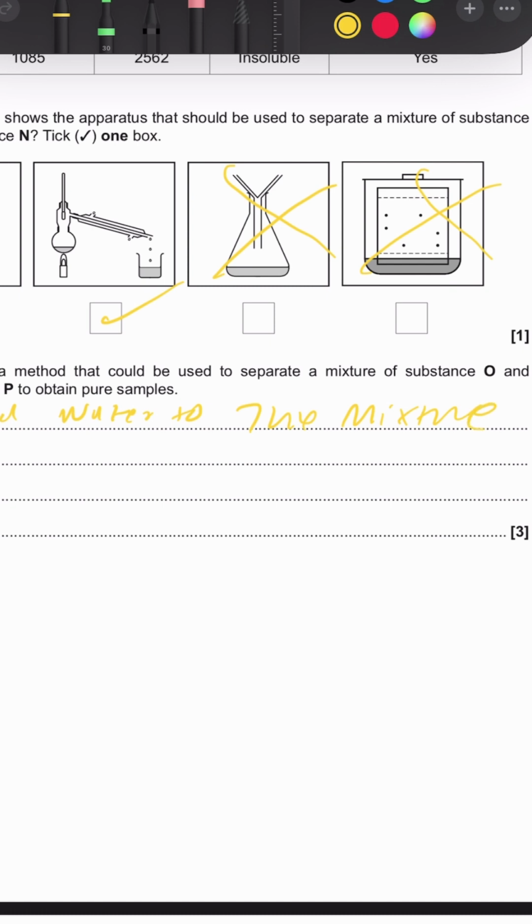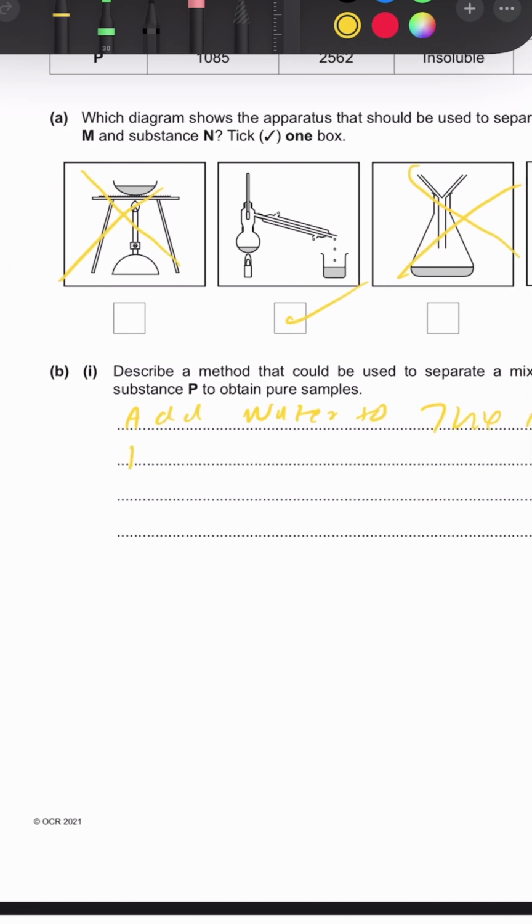Now, describe the method that could be used to separate a mixture of substances O and P to obtain pure samples.